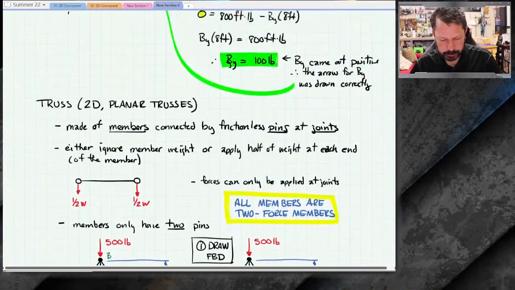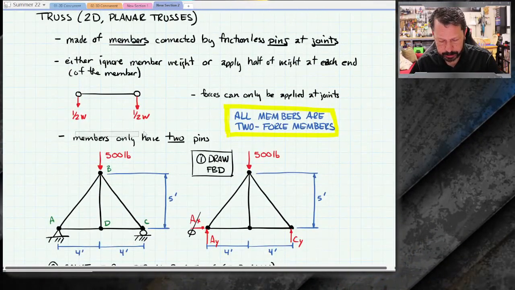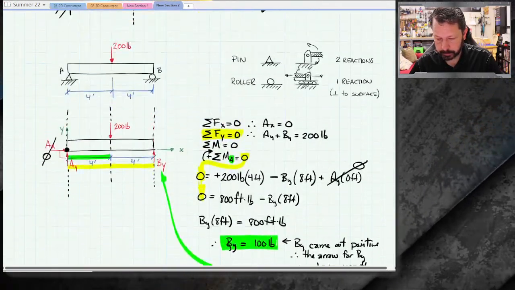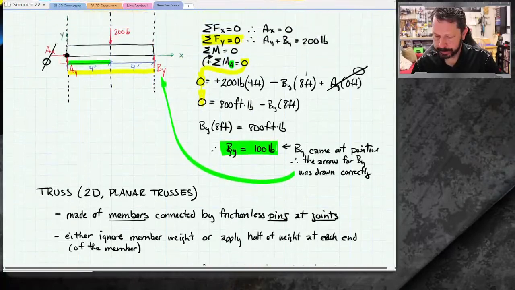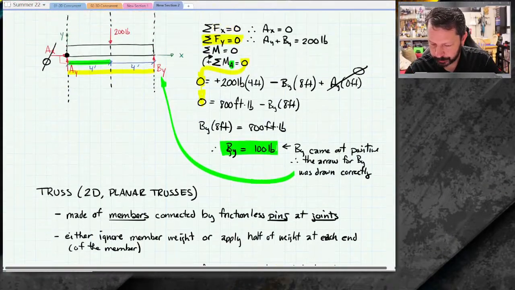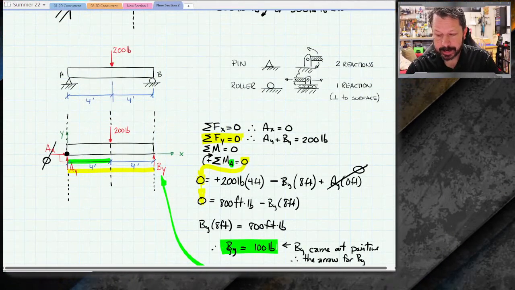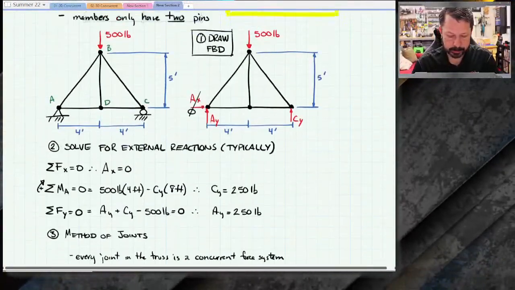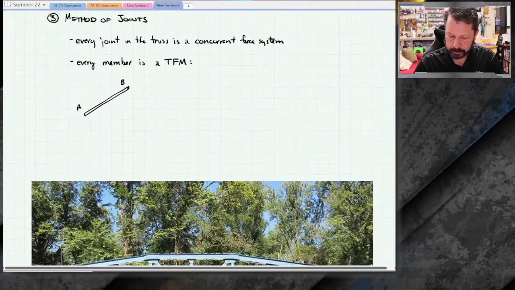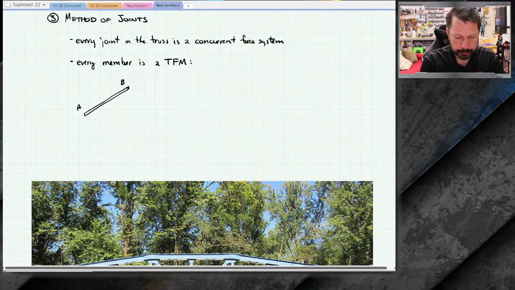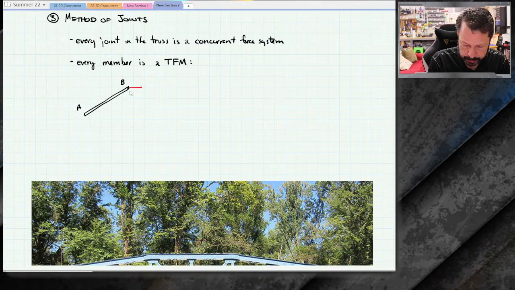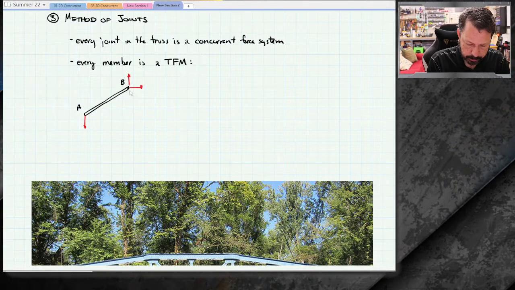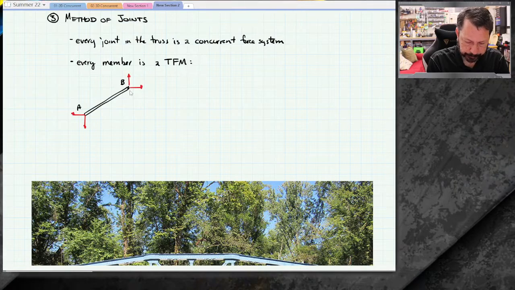One of our rules was that members have 2 pins. Another thing we talked about was that pins have 2 reactions. So if I take those 2 things, there's a pin at A and a pin at B, then there's 2 reactions at B and 2 reactions at A.